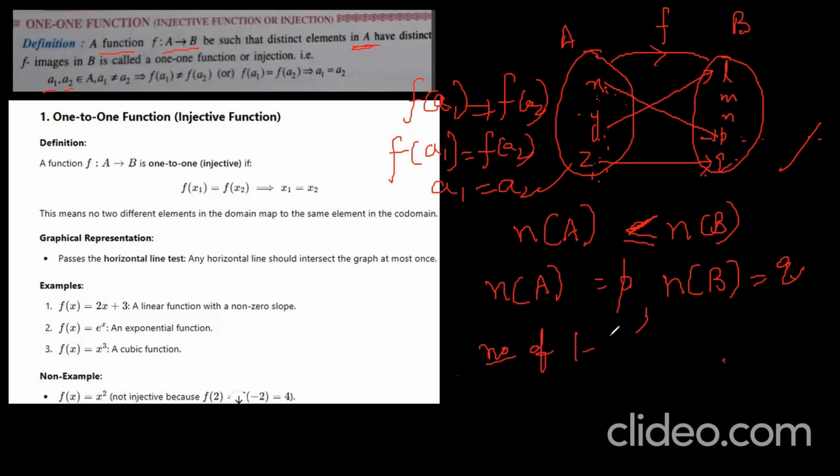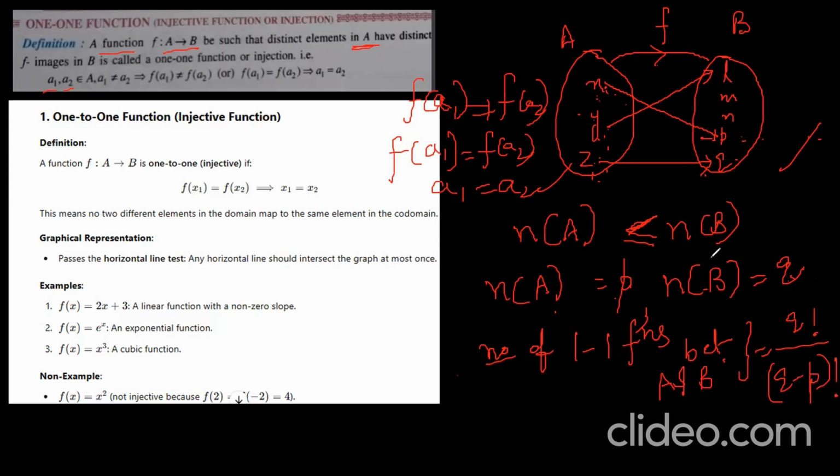Number of one to one functions between A and B, A is having P elements and B is having Q elements, is Q factorial by Q minus P factorial.